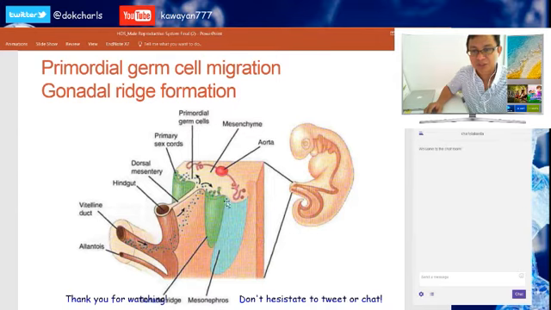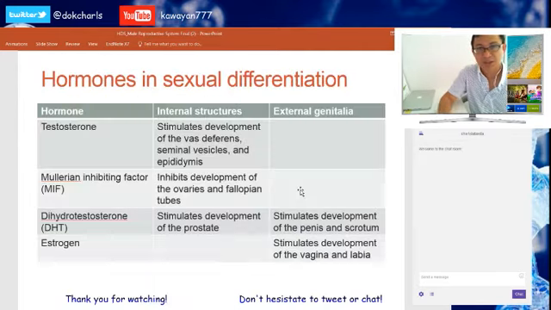This gonadal ridge is adjacent to your mesonephros, which is your early renal system, which drains the urine of the fetus. So you have a migration from the GI tract to the gonadal ridge so that you will have normal development of your sexual organs.